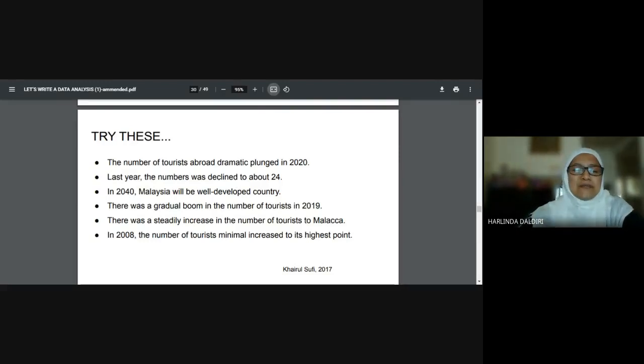But what should be corrected here is "was declined". We don't need "was" here. Last year the numbers declined to about 24. Why is "was" wrong here? The placement of "was" is wrong because "declined" already shows it's past tense.